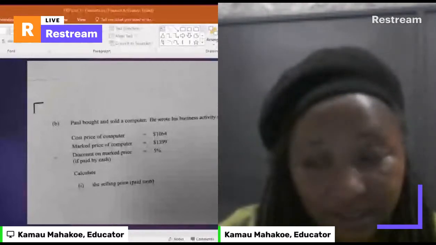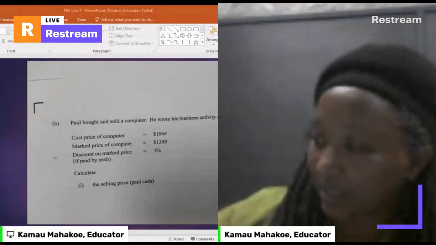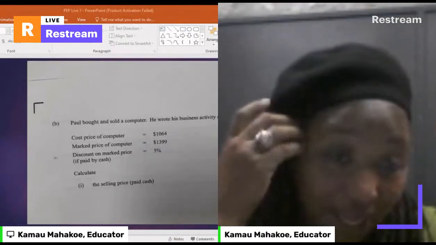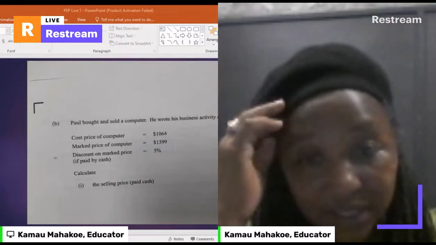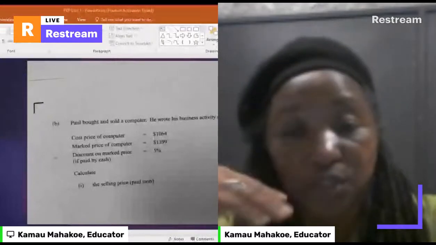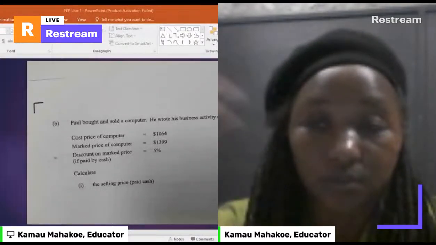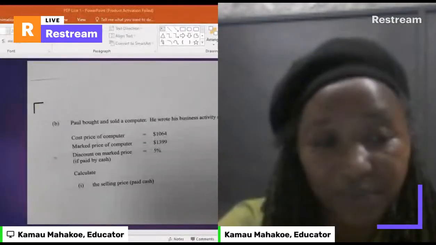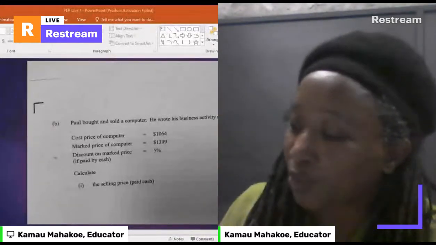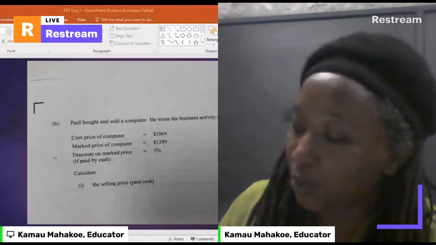The logic of that is, if you're getting a 5% discount, you're really paying 95% of the cost, since 5 from 100 is 95. Some people prefer to work out the 5% of it first, and you can do both just to check.